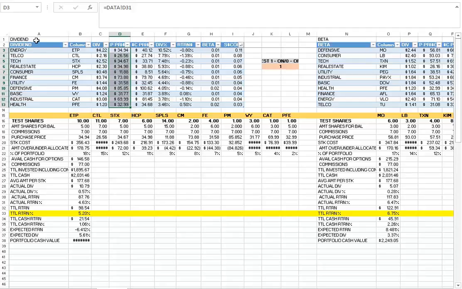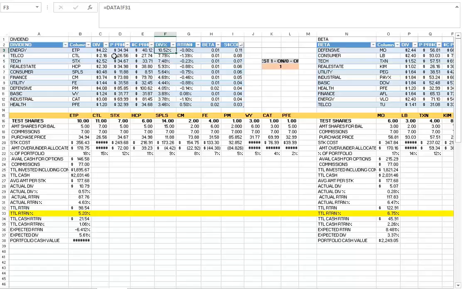The first one that we're going to look at is the dividend portfolio. What this portfolio has done is it has gone out and chosen the highest dividend percentage stocks in our basket of stocks, and it chooses the highest dividend payer for each sector of the economy. So as you see here, for the energy sector, the highest dividend stock is a 10.52% return.